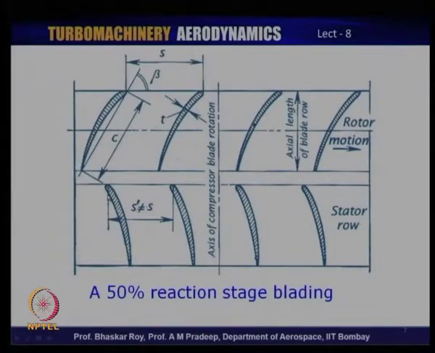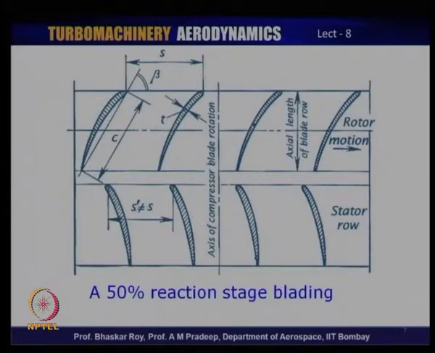Now, this has been done during your earlier lectures. So, 50% degree of reaction stage blading, which gives us, as we call it, symmetrical blading, is a very preferred and very popular design choice for axial flow compressor design.